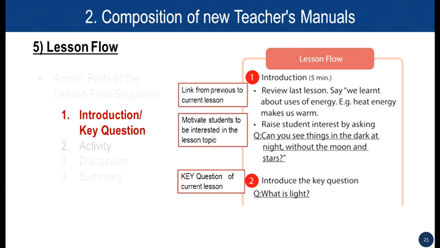Number 1, we have a set of activities that teachers need to do. So we have the review, which links from the previous lesson to the current lesson. Then we have the motivation part, in which teachers have to motivate their students. And then the key question is introduced.